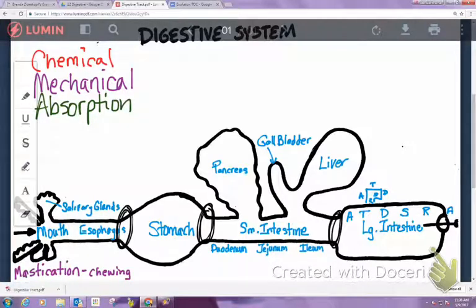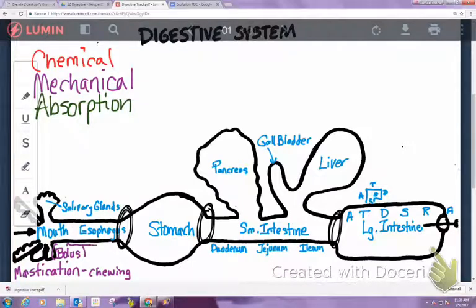And this is a mechanical digestion process where you're grinding it up, you're cutting it, you're tearing food, you're mixing it with saliva, and you're forming something called a bolus. A bolus, not Ebola. A bolus, which is a ball of chewed up food that's been mixed with saliva, and you swallow that.